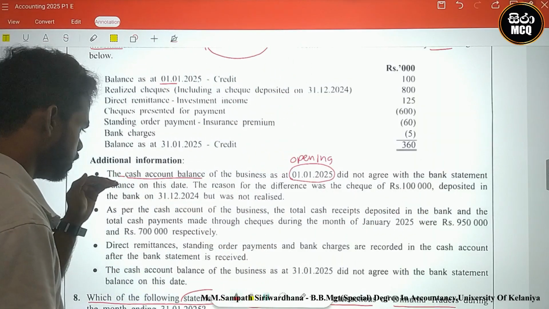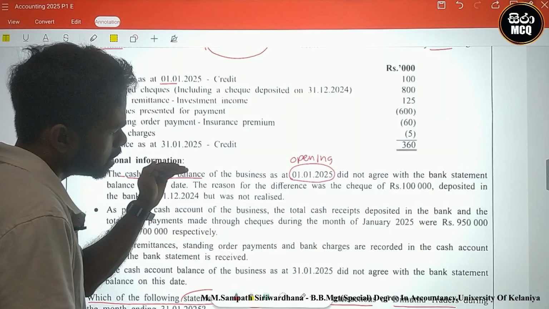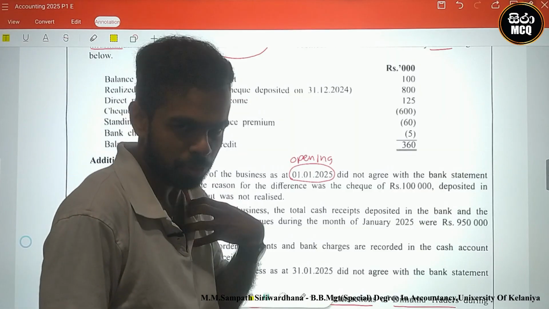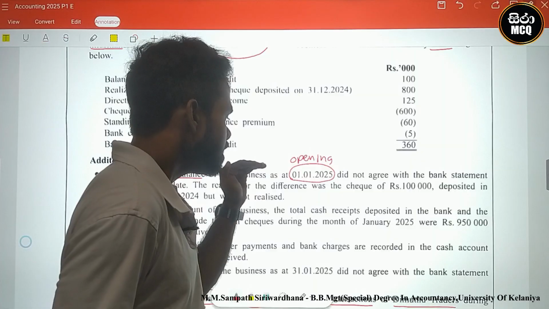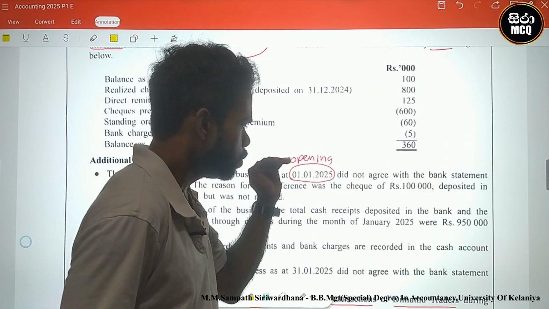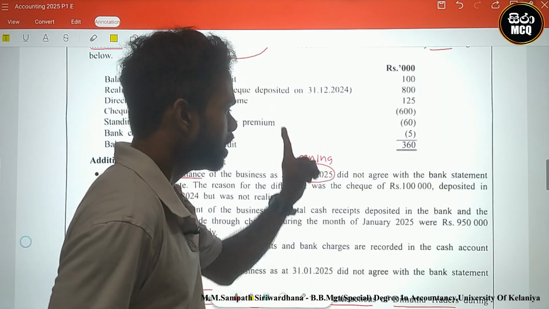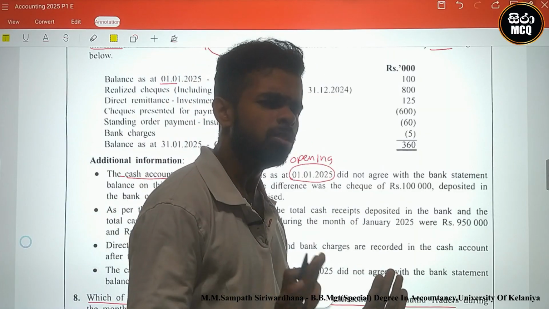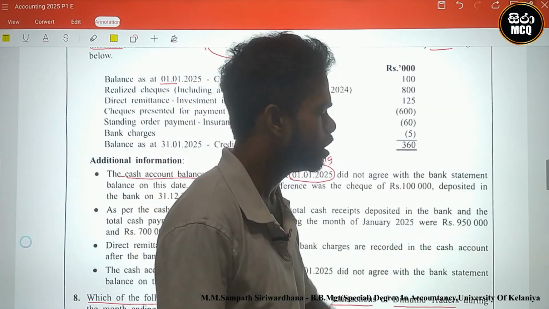Look here, our cash account balance as at 1st January 2025 did not agree with the bank statement.